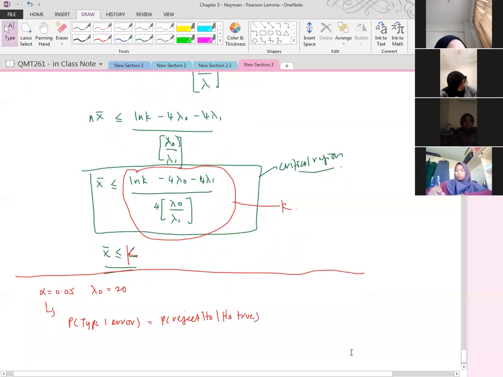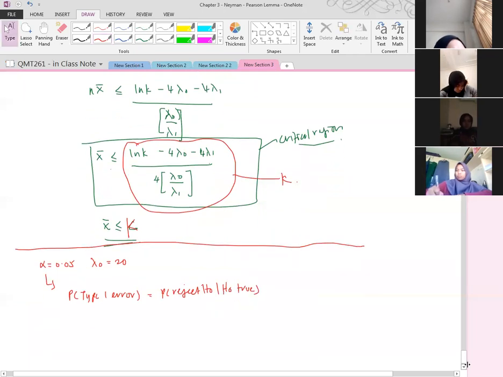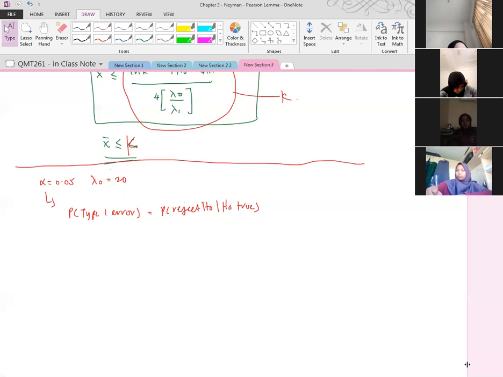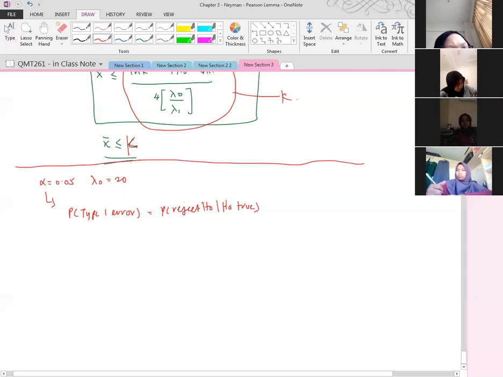Null hypothesis true is when lambda naught is 20, and we reject the null hypothesis when the x bar is less than k. So we want to find the probability of x bar less than k when lambda naught is equal to 20. So this is equal to 0.05.